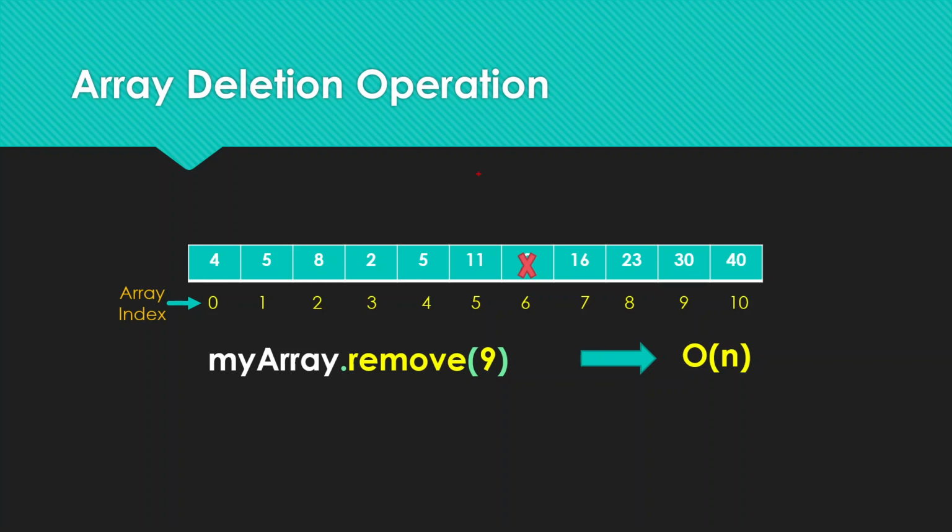Because in an array, we cannot just have an empty space. It's not allowed, because the rule of an array is that every element must follow the next element. So that is exactly what is going to happen. Every other element is going to be shifted once, and at the end of the array, then we are going to have an empty space.